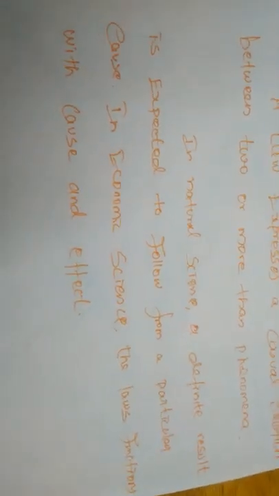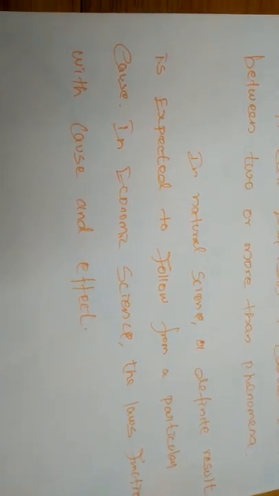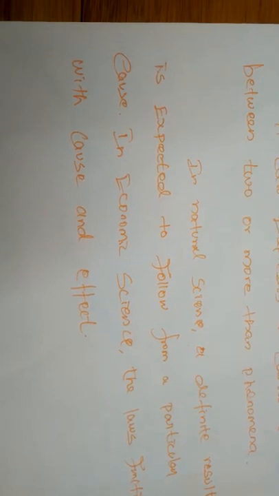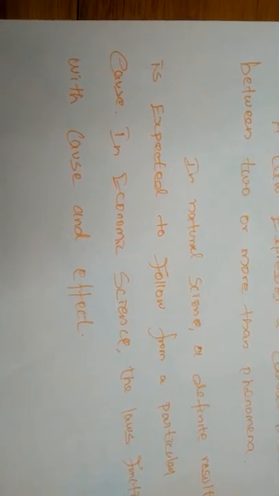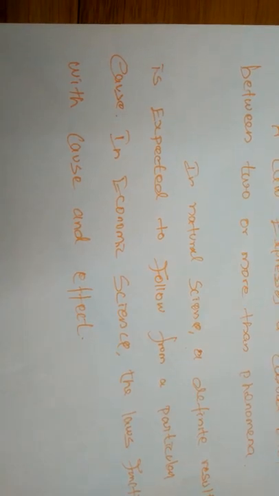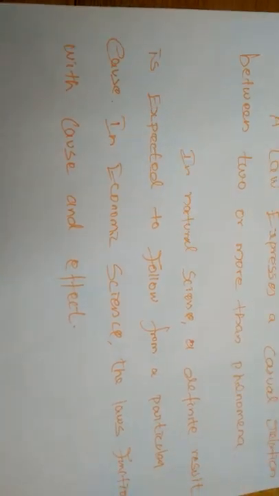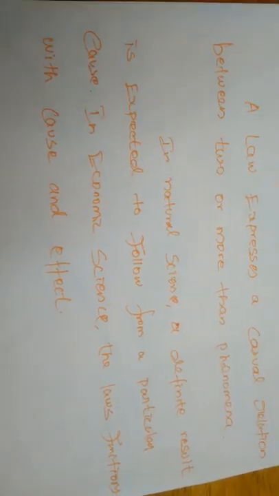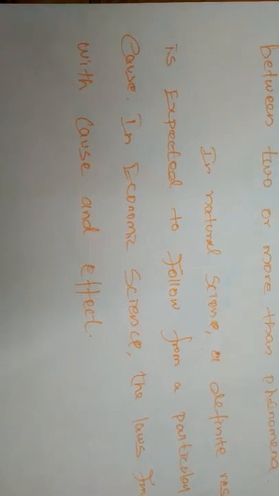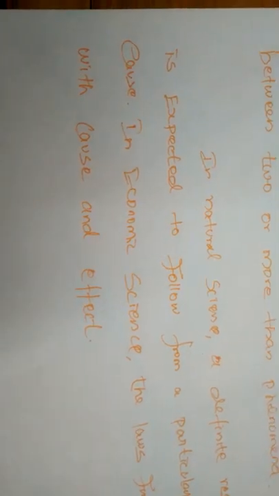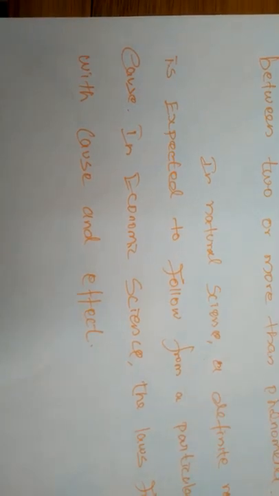Finally, we can say economic laws are not as precise and certain as the laws in the physical sciences. Marshall held the opinion that there are no laws of economics which can be compared for precision with the law of gravitation. So economic laws will not be equal to the laws of science.